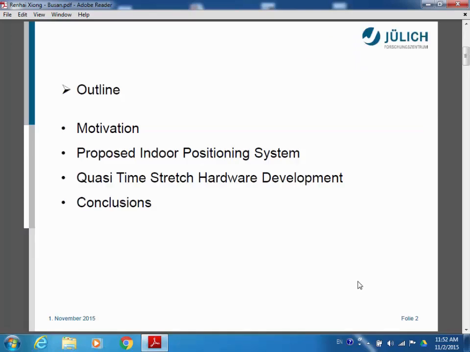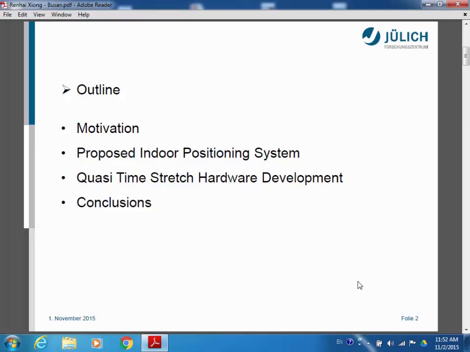Overview of this presentation. Firstly, we will go through the motivation of this ongoing project, and after that, I will talk a little bit about the ongoing indoor positioning system, which is distributed.